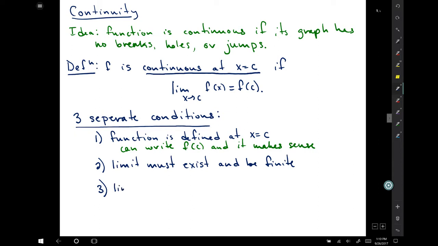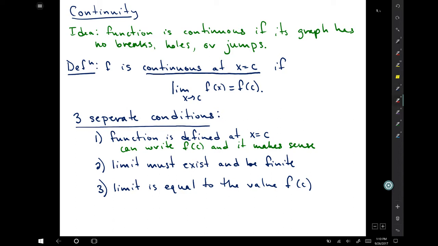So the limit is equal to the value f of c. So there's really 3 different things. Your function has to be defined. Your limit must exist and be finite because you want it to be equal to the value of the function.